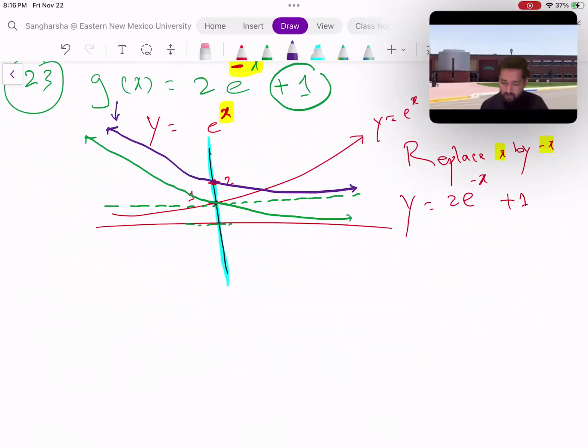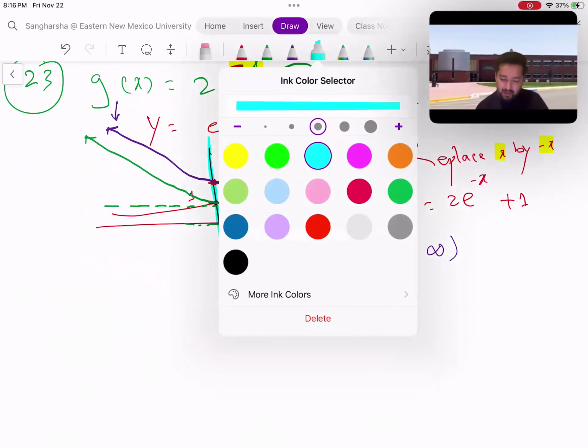Now for this g of x, what is the domain? We can extend on both sides from left to right, so all real numbers. What about the range? What are the y values that this graph takes when you extend on both sides?